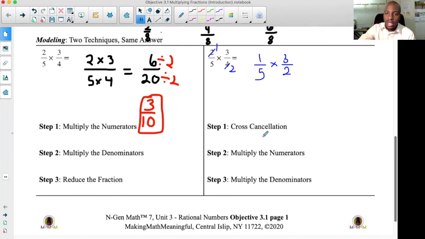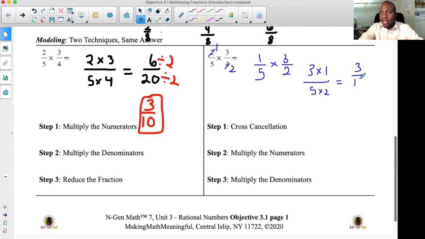Now we have cross cancellation done, so we multiply numerators: 3 times 1, or 1 times 3, my apologies, all over 5 times 2. Anything multiplied by 1 is itself, so that's 3, and 5 times 2 is 10.